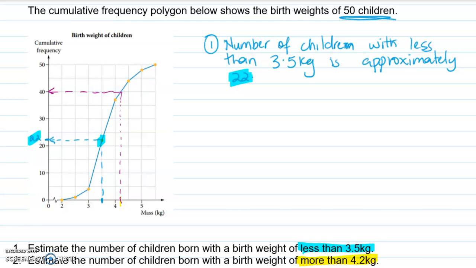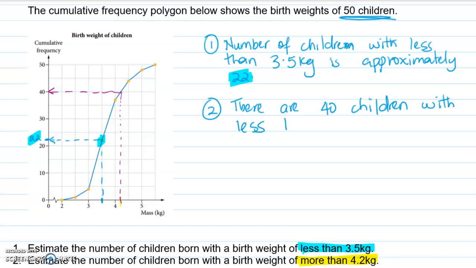So what that means is that there are 40 children with less than 4.2 kilograms. But the question is asking for more than 4.2.